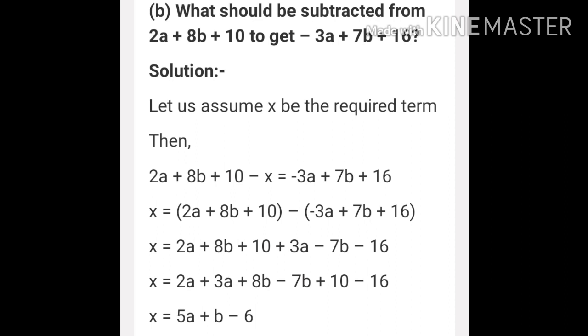Now x will be taken towards the reverse side, and 2a plus 8b plus 10 minus of minus 3a plus 7b plus 16 becomes 2a plus 8b plus 10 plus 3a minus 7b minus 16, as the bracket has got opened up here. So 2a plus 3a makes 5a, 8b minus 7b means b, and 10 minus 16 means minus 6. So this is the required answer. The value of x will be 5a plus b minus 6.